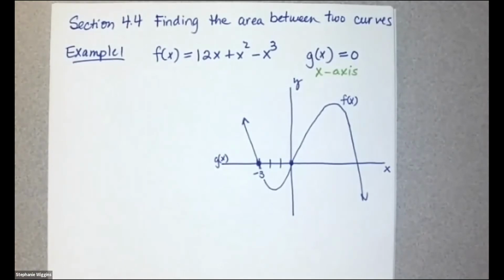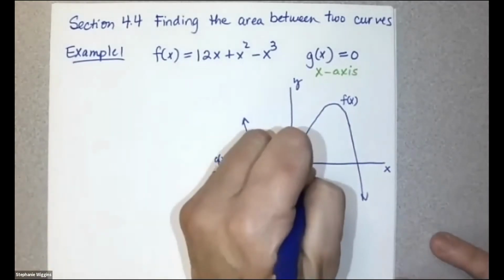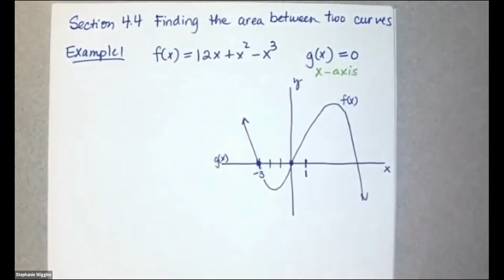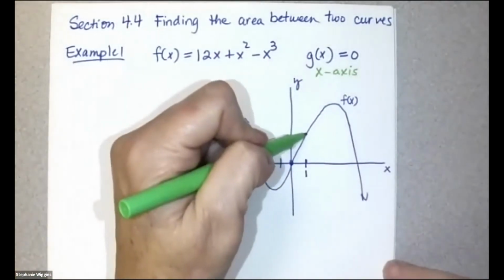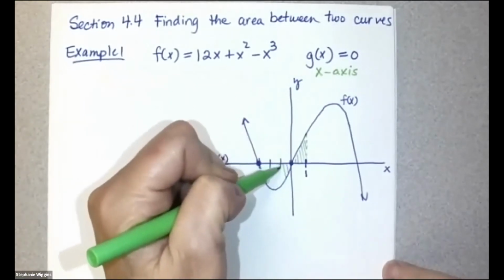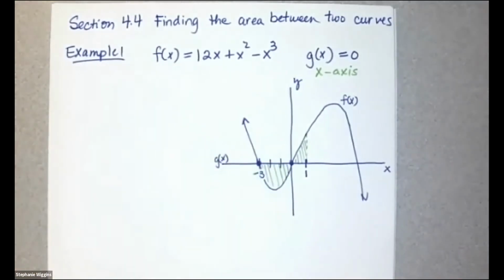All right, so let's suppose that we want to know the area between this shaded area here and this shaded area here.